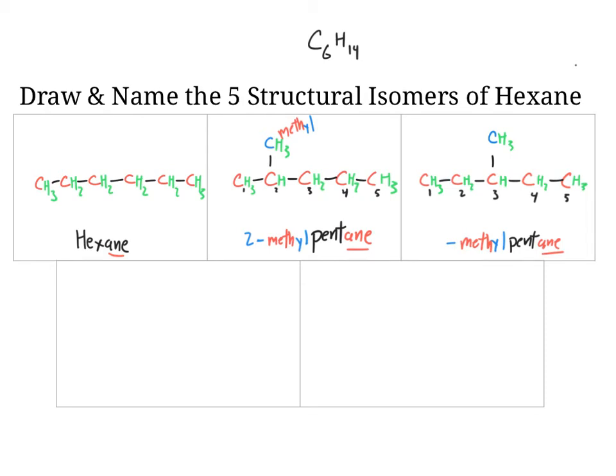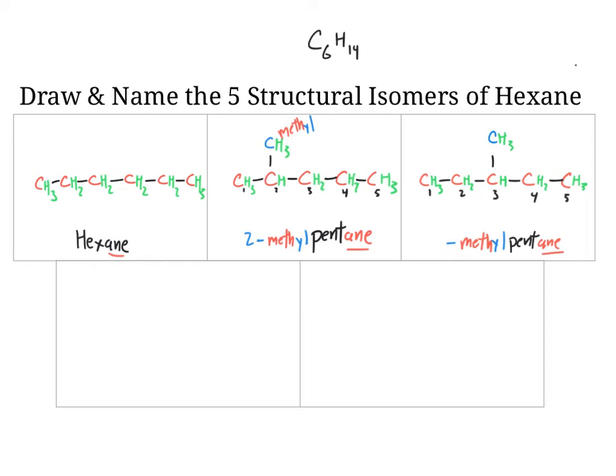And now I'm going to move the branch 1 more time. So it's 1, 2, 3, 4, 5, and I'm going to single bond them all together. And then I'm going to add my branch 1 step over, which would be, let's see, 1, 2, 3 on the 4th carbon, and so it looks something like this.